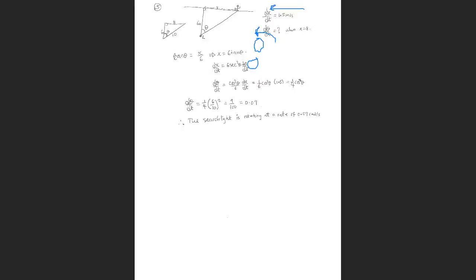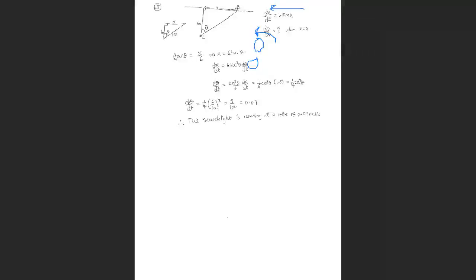They gave us dx dt. The reason I'm trying not to get anyone confused is that it's positive 1.5 because, like I said, it's just because of the reference that I'm using. Another student can choose to say that this person was instead moving in that direction and the searchlight is somewhere there.